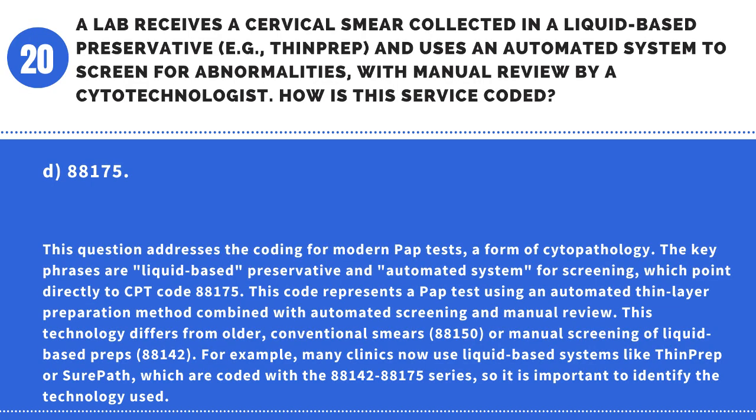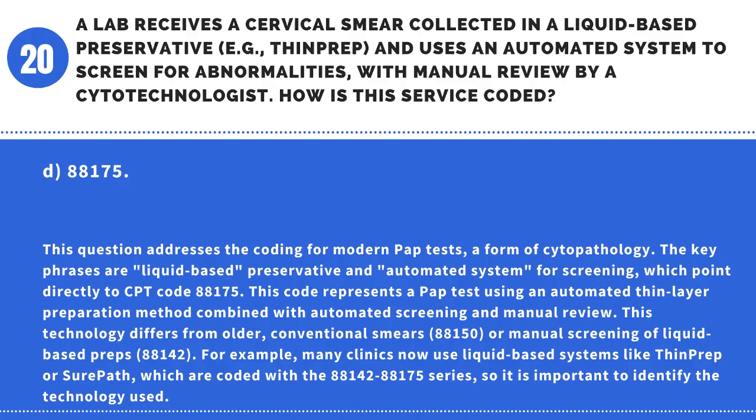Answer: D. 88175. This question addresses the coding for modern Pap tests, a form of cytopathology. The key phrases are liquid-based preservative and automated system for screening, which point directly to CPT code 88175. This code represents a Pap test using an automated thin-layer preparation method combined with automated screening and manual review.